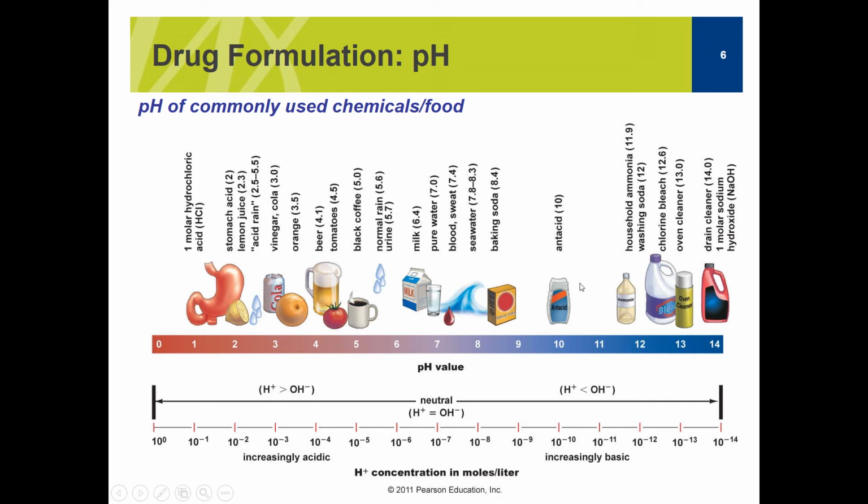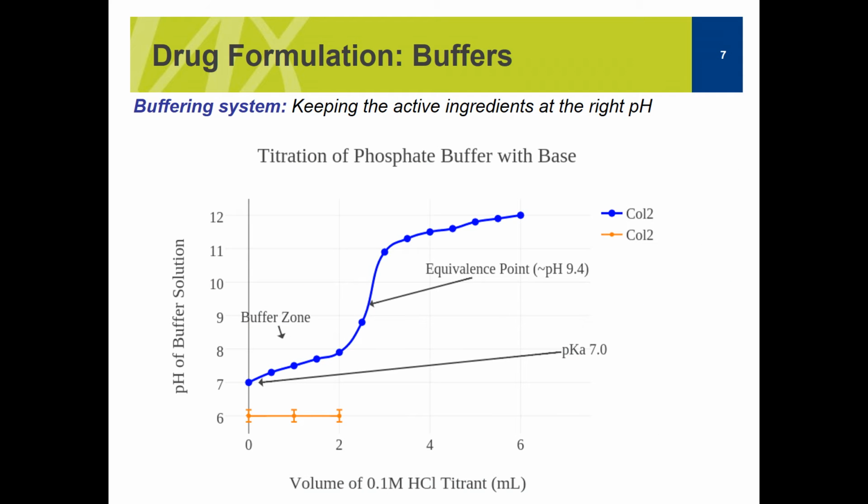So acid, lemon juice; basic is bleach. That's how we basically define the solution that we have, by its pH. Secondly, one of the common things that you'll hear in drug formulation is buffers. And really, what a buffer does is keep the solution at a certain pH.